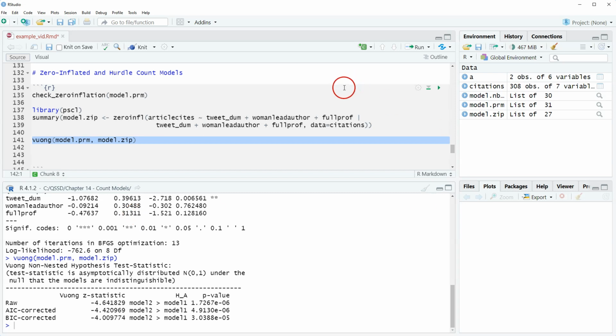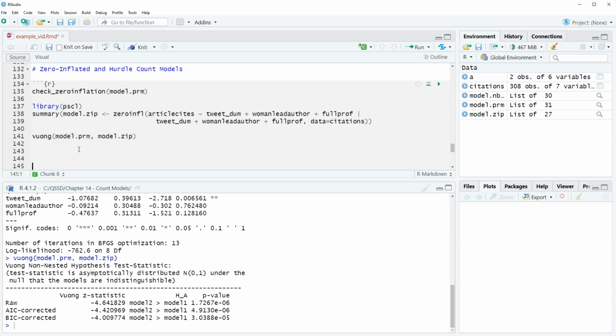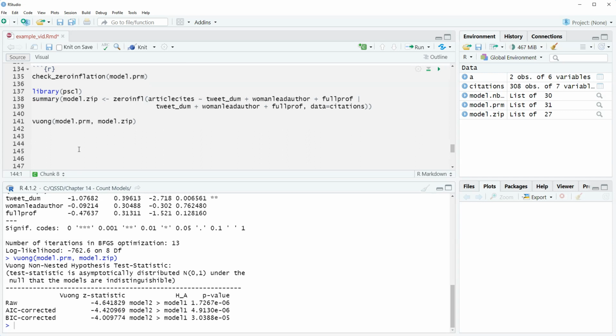All right. Now, let's take a look at the hurdle model. So we could actually estimate the hurdle model literally in 2 steps, where we run a logit or probit, where we create a new outcome variable where it's 0 if it's 0 and it's 1 if it's 1 or greater.